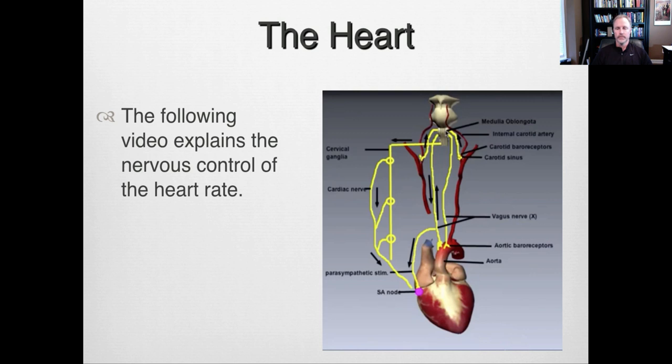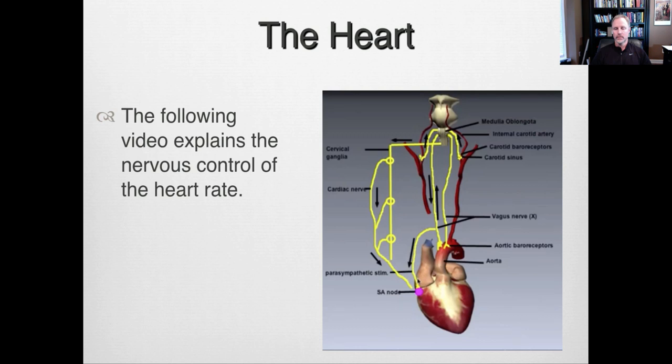So, if the blood pressure is too high, an efferent signal can be sent back down the vagus nerve. Here you can see the arrow. If the blood pressure is too high, an efferent signal can be sent down the vagus nerve via parasympathetic fibers and innervate the SA node.